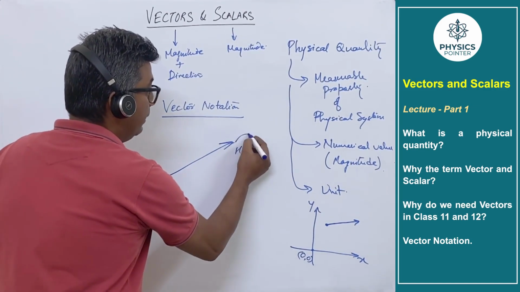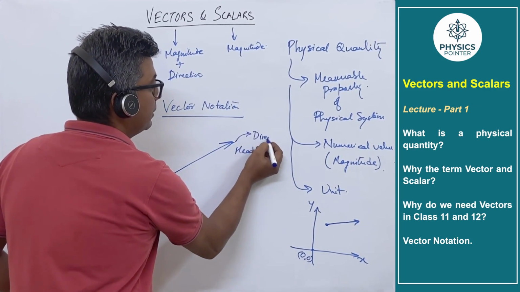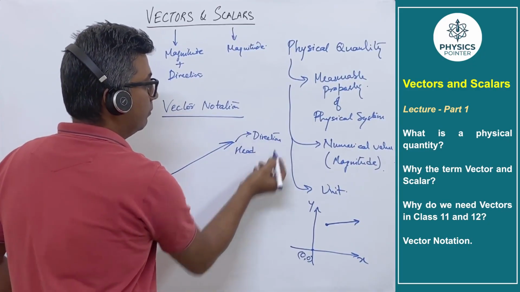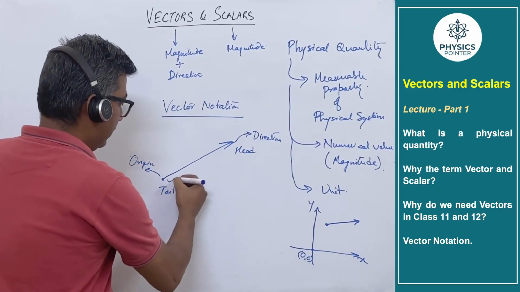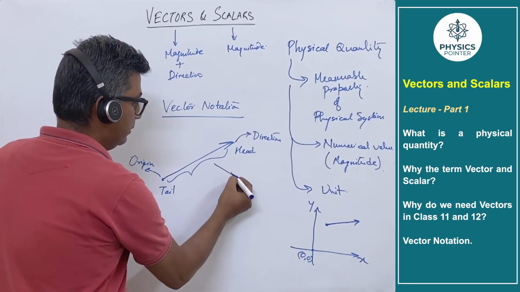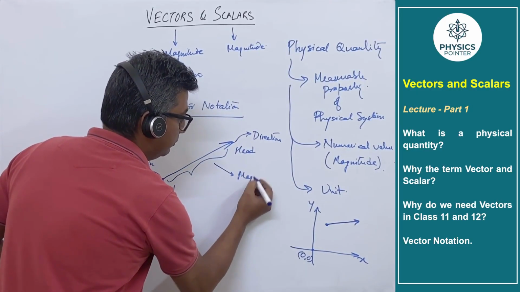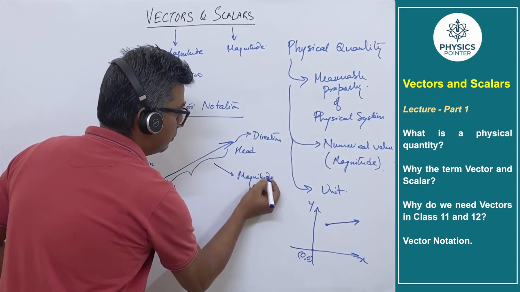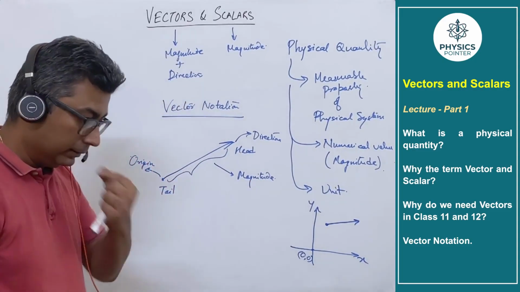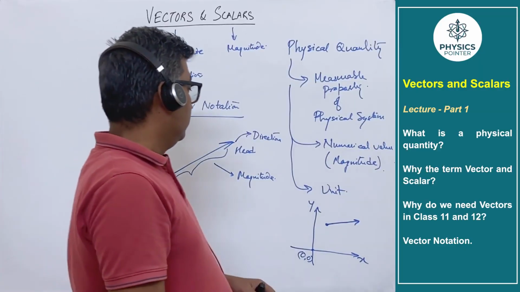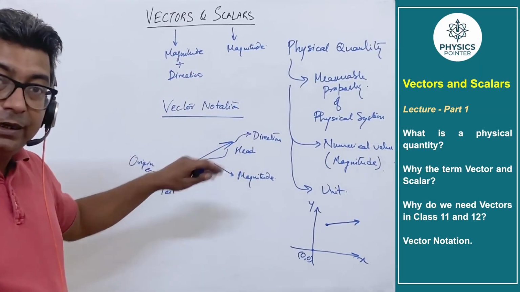The head denotes the direction, and the length is the total magnitude. Got it? Right.